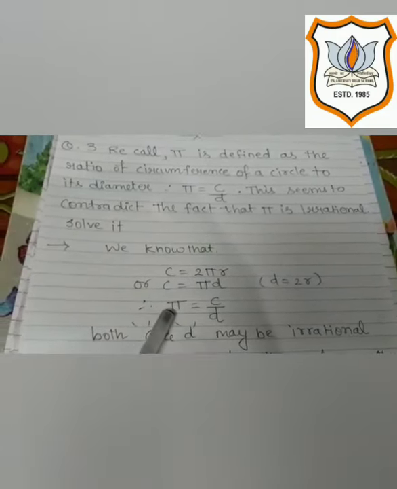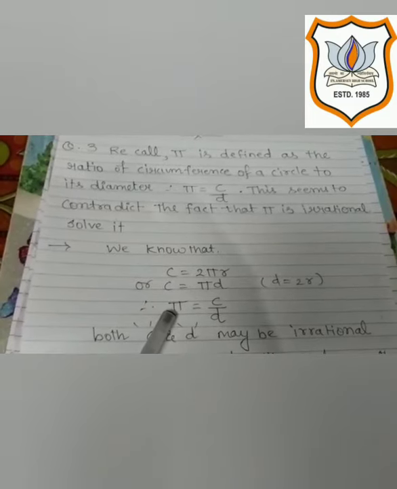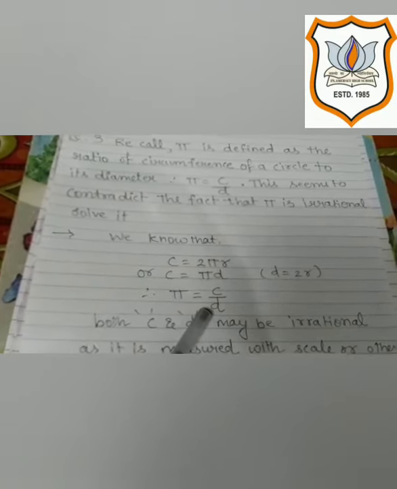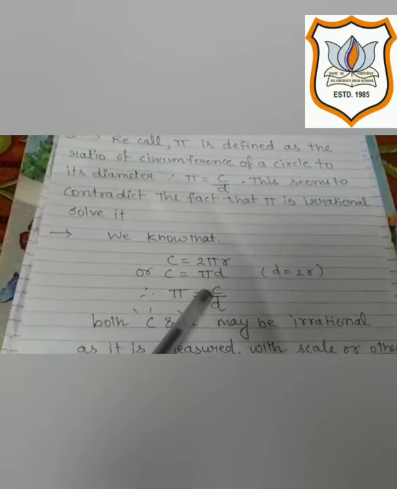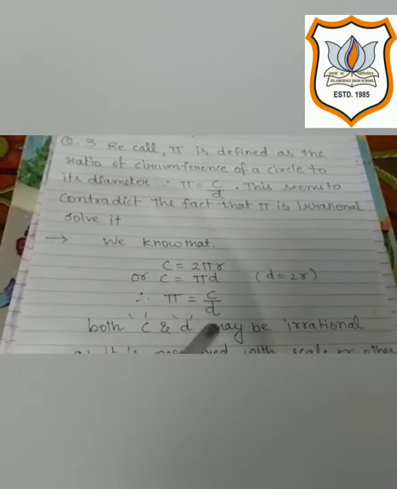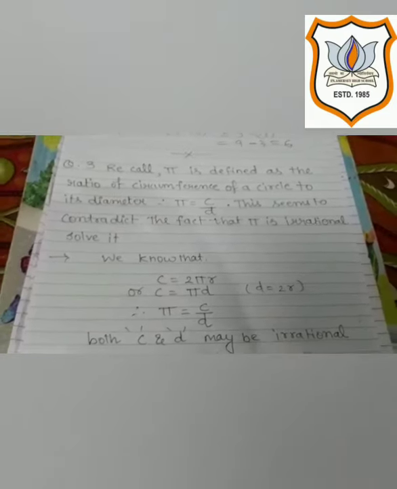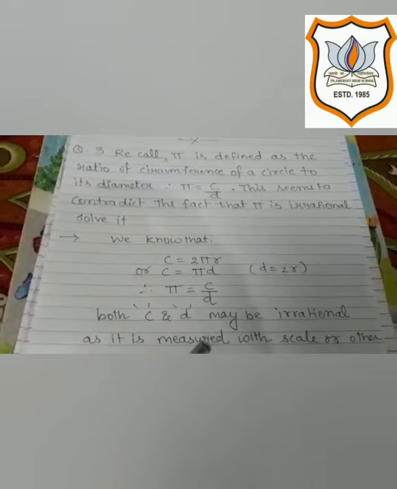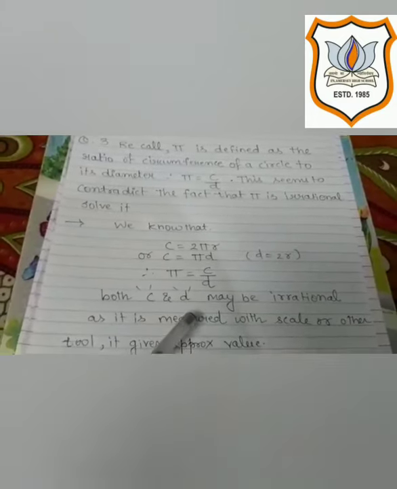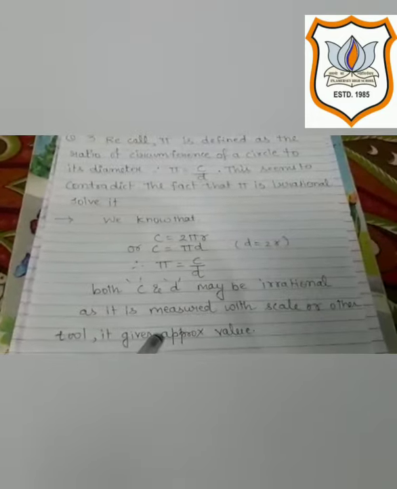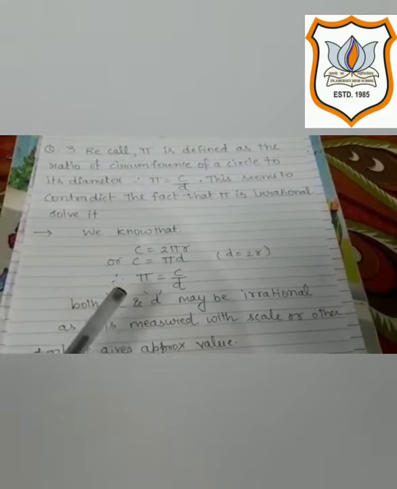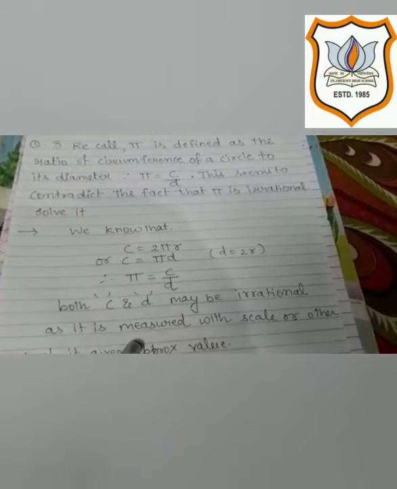But we know that pi is an irrational number. So do you think that C and D both are also irrational numbers? Yes, according to me, they may be irrational. When we measure this C or diameter or any radius with the help of a scale or any other tool, the answer is 4.3, 2.8, but on magnifying it, we will find that the answer is endless.